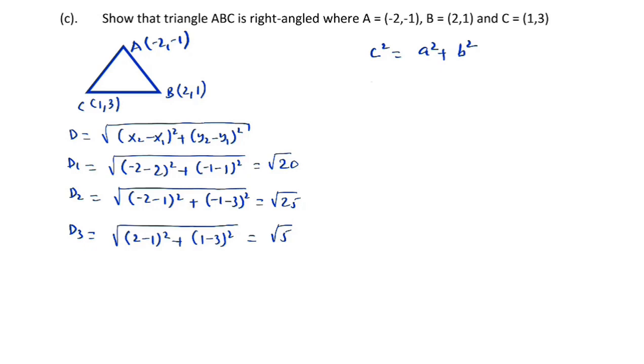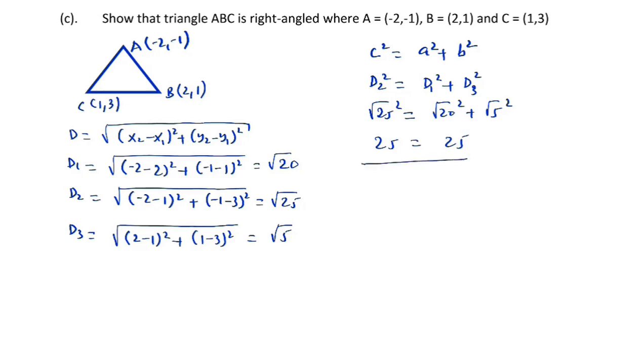We are going to have D2 squared equals D1 squared plus D3 squared. Okay, so let us just apply the values we have obtained above. We are going to have under root 25 squared equals under root 20 squared plus under root 5 squared. Okay, compute these values. We are going to have 25 equals 25. Okay, so since our left hand side equals our right hand side, then this is a right-angled triangle.